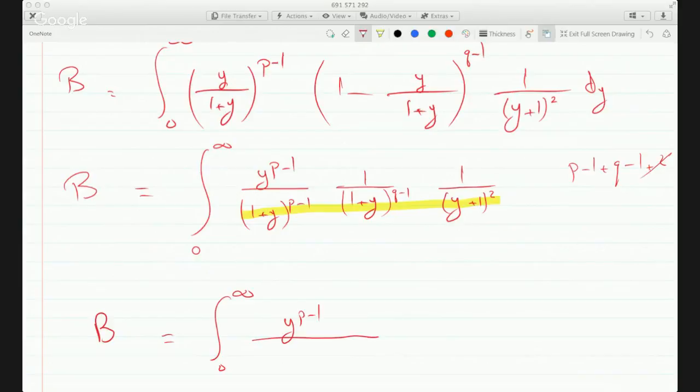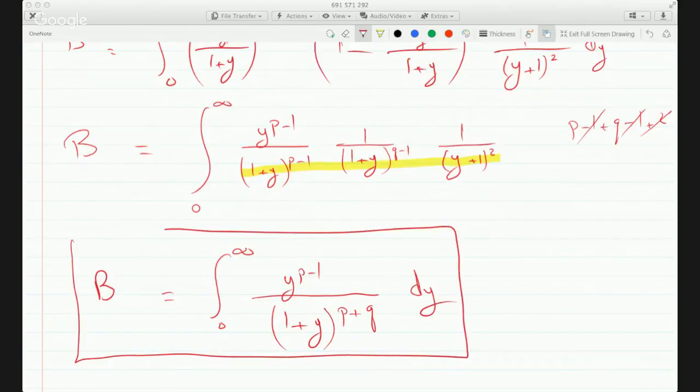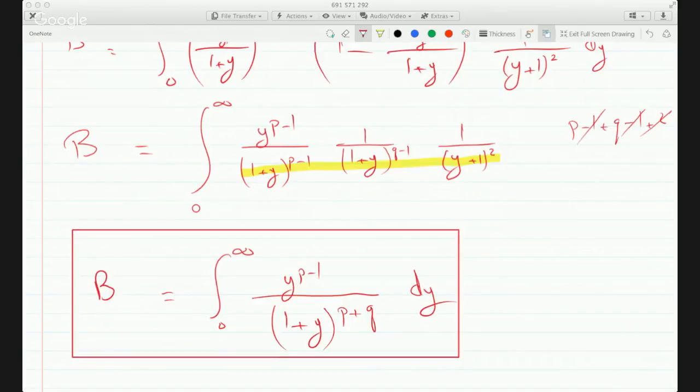So the ones go away and you get p plus q. So you get (1 + y) to the p plus q dy. This is the desired result. You see, it's just a basic substitution into the beta function.